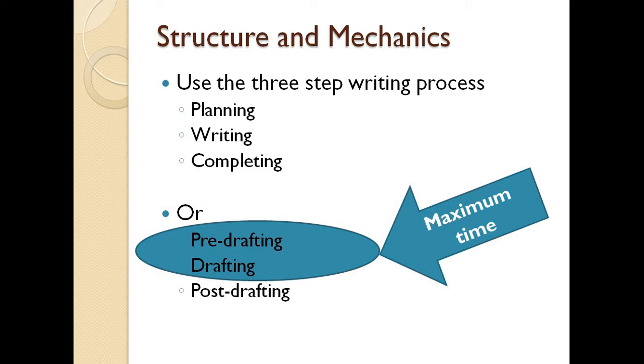You must spend maximum time in the first two, that is pre-drafting and drafting. You have to ensure that your contents are okay. You have written it in a manner that the reader will be able to understand it exactly as you want him or her to.